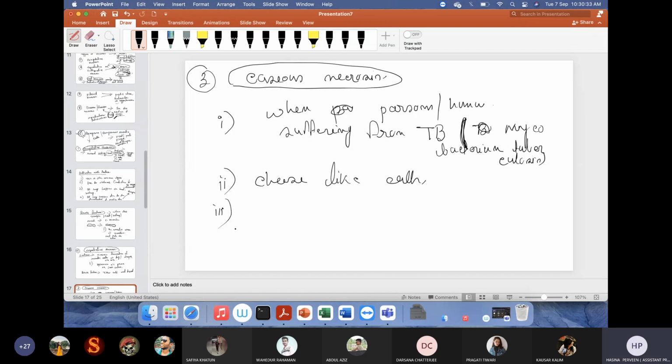Number 3, the granuloma is shaped with a central cheese.